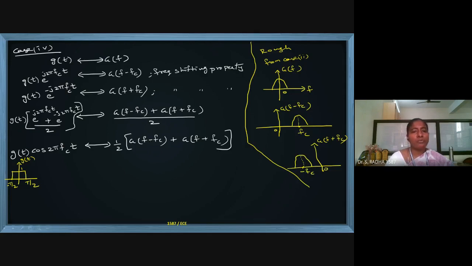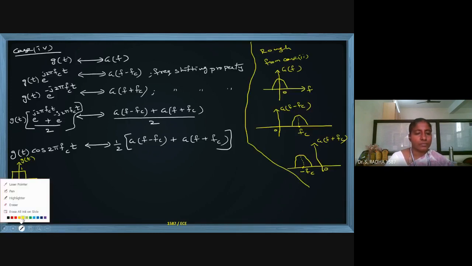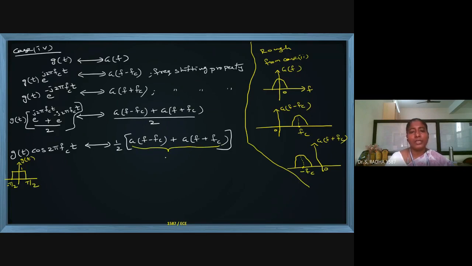So now if you see here on the left side, you have the combined addition of G of f minus fc and G of f plus fc. So combined diagram, what you will do? You draw both the diagrams together. At plus fc, you have one diagram like this. At minus fc, this is origin, you have one more diagram like this. And this is the right side.